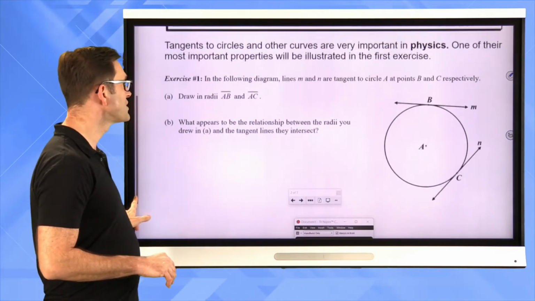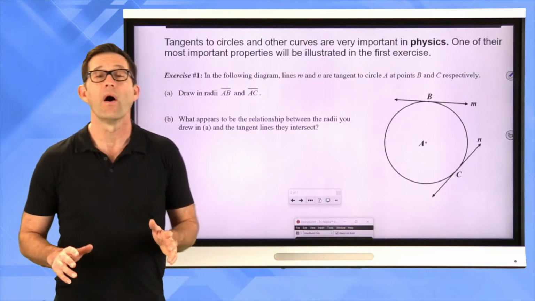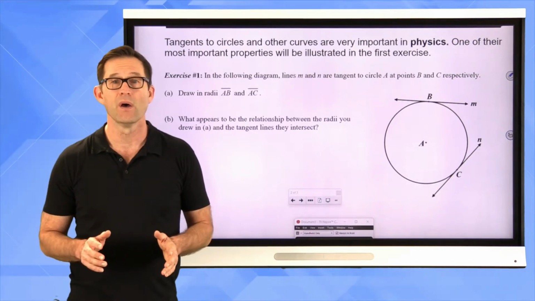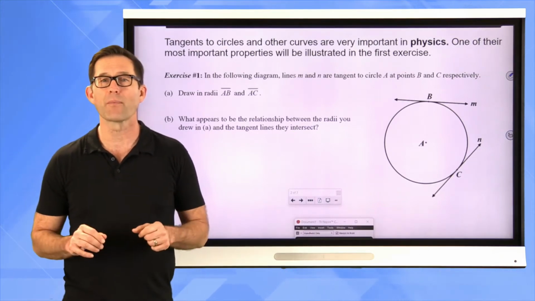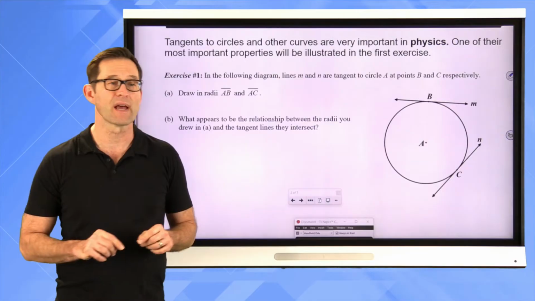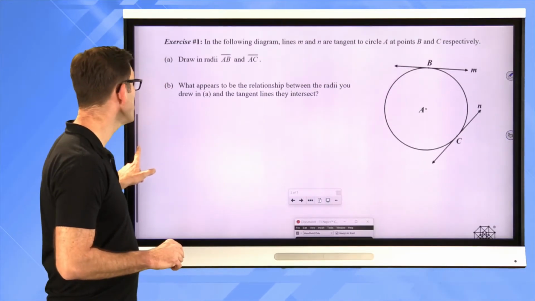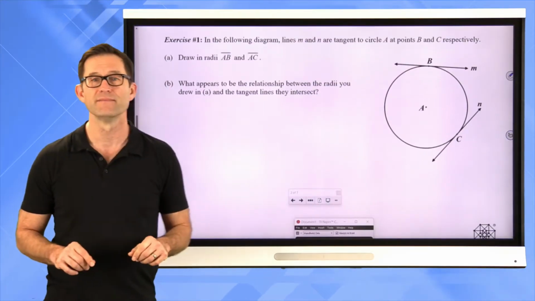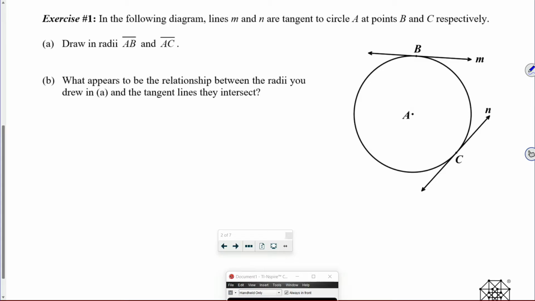Now, tangents to circles and other curves are very important in physics. One of the most important properties will be illustrated in the first exercise. So let me bring exercise 1 up to the top and let's take a look. In the following diagram, lines M and N are tangent to circle A at points B and C respectively.